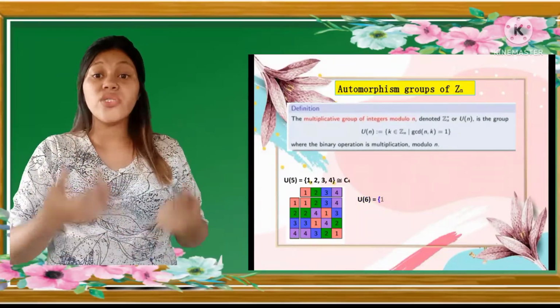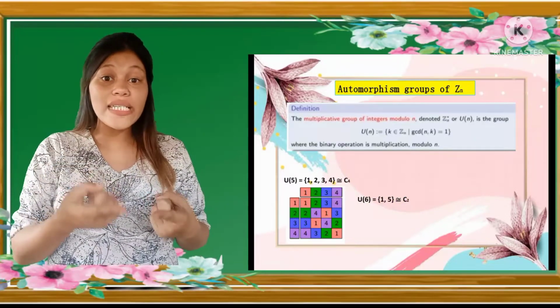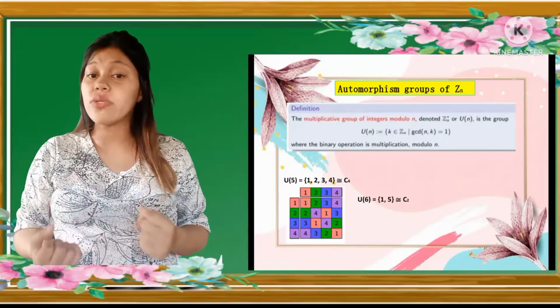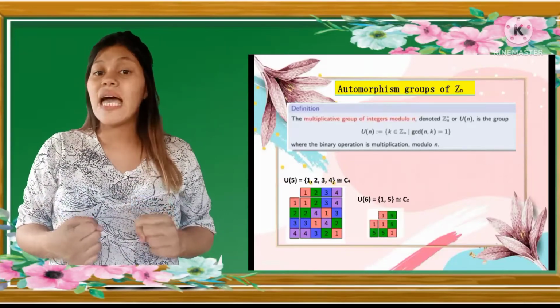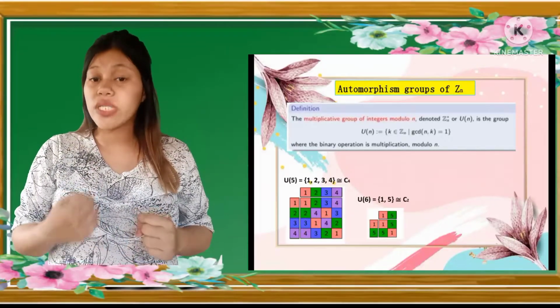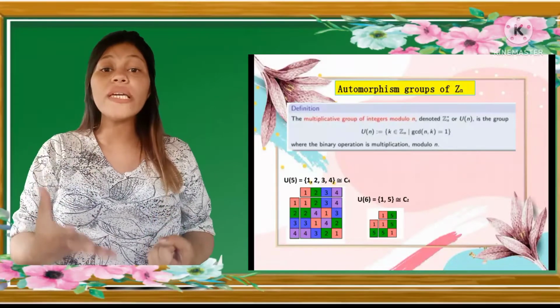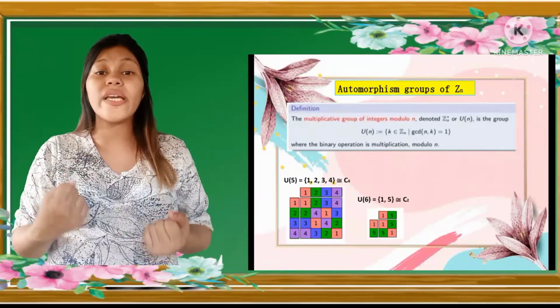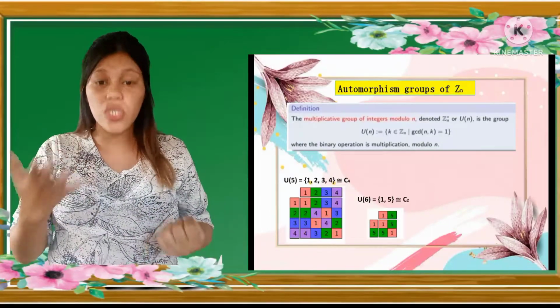Next example is U6. This is the group consisting of 1 and 5. Those are the only 2 numbers less than 6 that are relatively prime to 6. There is only one group of order 2, so this is isomorphic to the cyclic group C2.